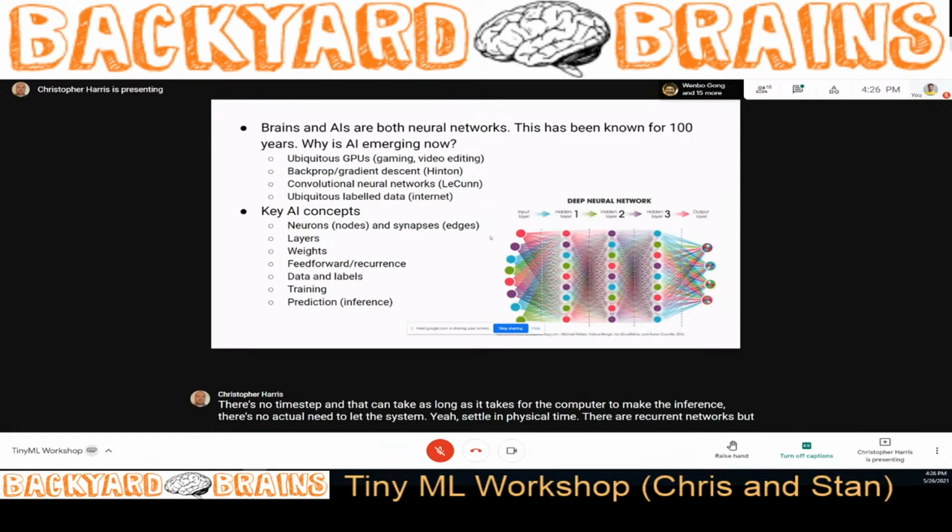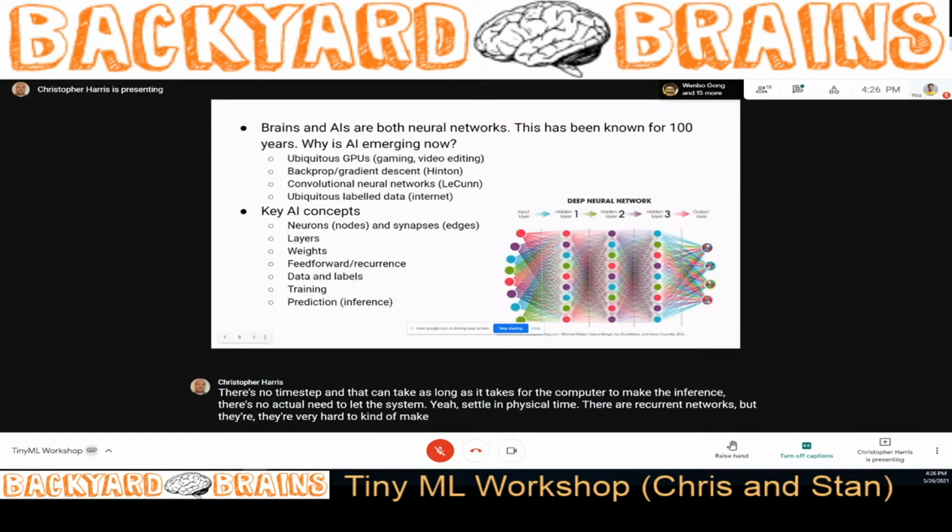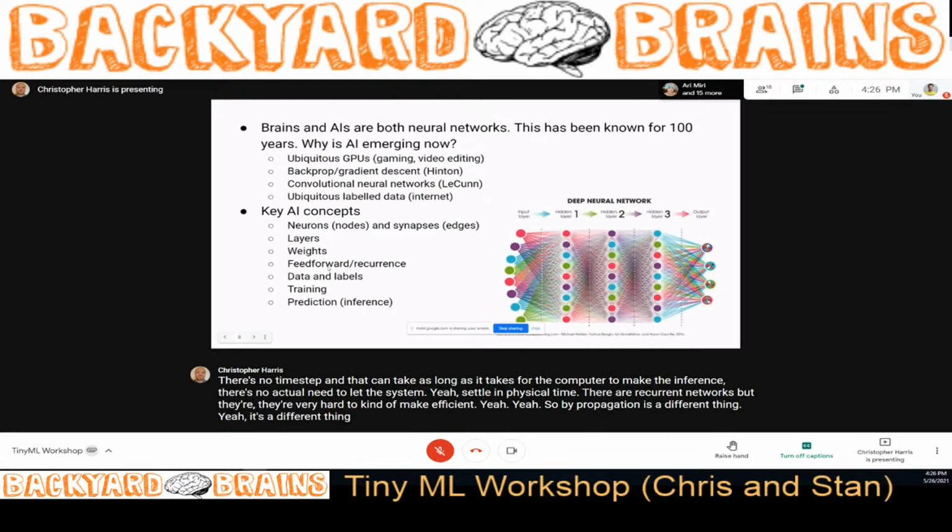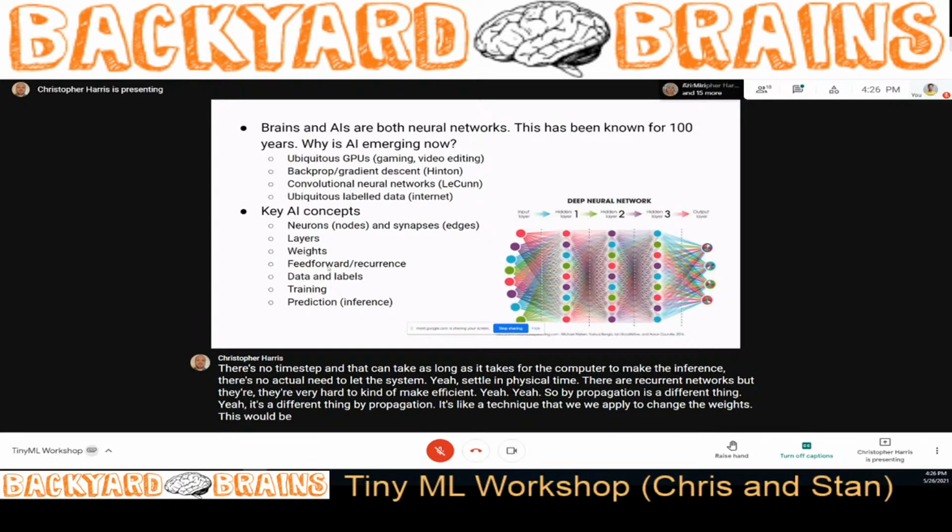All right, and so we mentioned data and we have labels. Almost all of what you're going to be doing, assuming the AI code itself is working, a lot of it is about selecting the data and being able to label it.